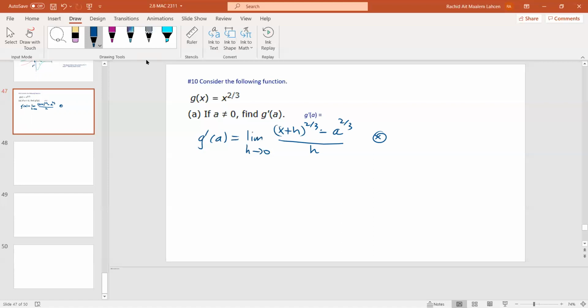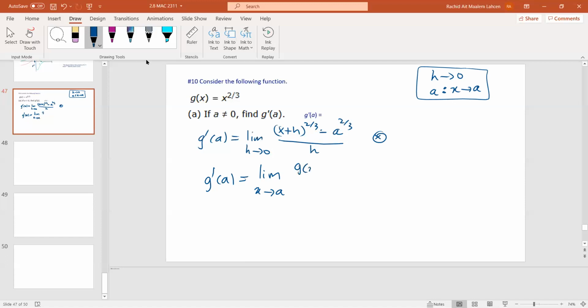But if you look at the previous videos, we also had another way of defining this. If the goal is a, you want x to approach a, which is the same sense. In that video I talked about how now you're not doing h approaching 0, but x approaching a.